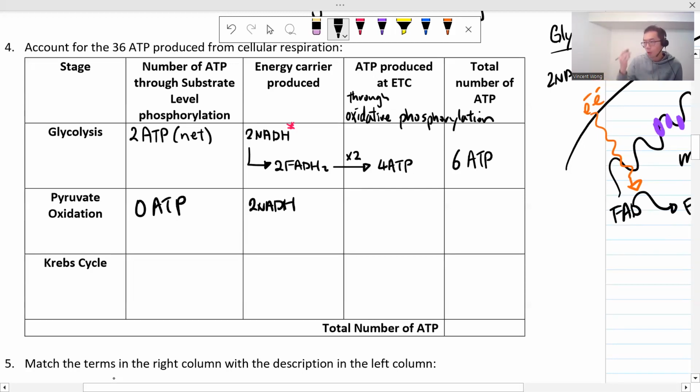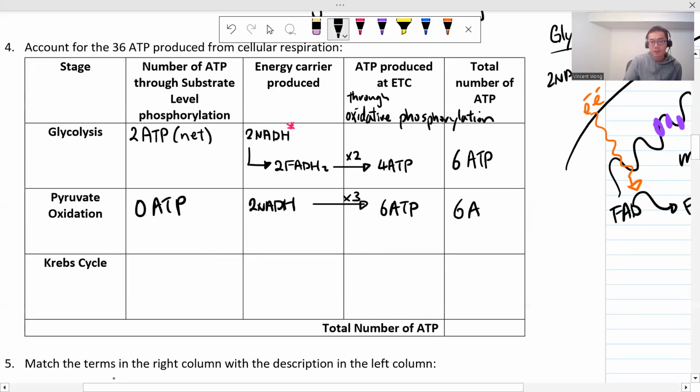Per glucose. Now these NADH are already in the matrix. That's why it doesn't have this problem. It's already in the matrix. It can just go directly to the ETC. And so we're going to multiply by 3. That gives you 6 ATP.